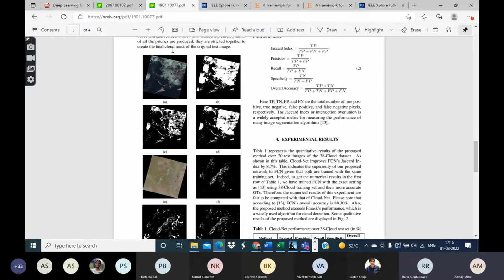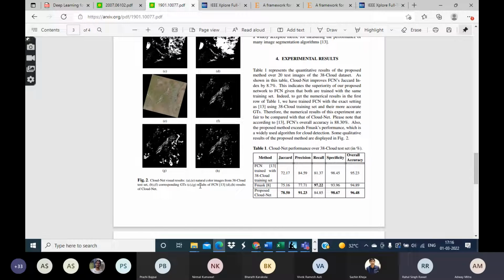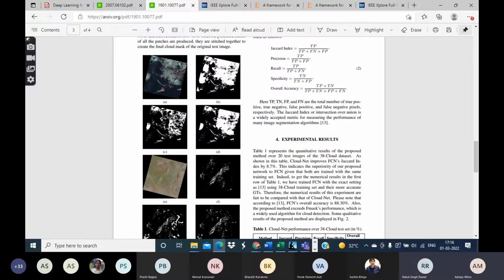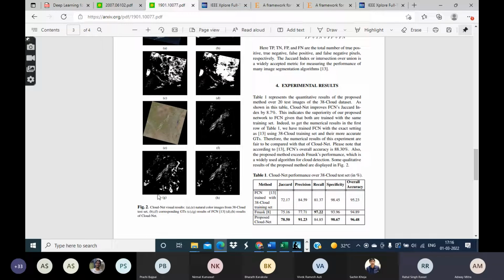Okay, so basically, this is what their image inputs and outputs look like. This is the image captured from the satellite, and corresponding to that, these whitish regions are where the clouds are located. A and E are the natural color images from the data set, and B and F are the ground truths.